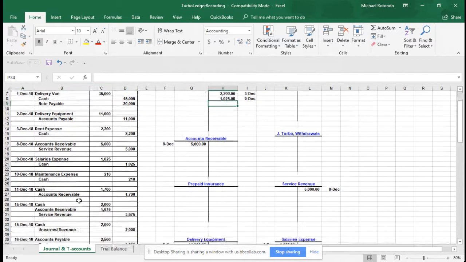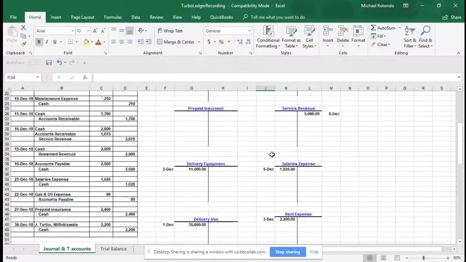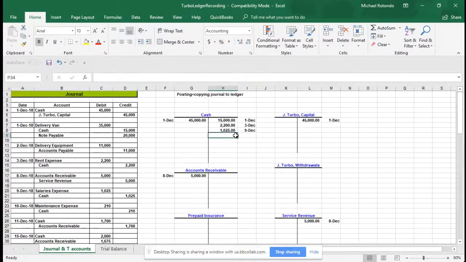And we have a debit to maintenance expense for $2.10. And we have another credit to cash for $2.10. Okay, so right now all we're doing is just entering the items in the T accounts we're posting.